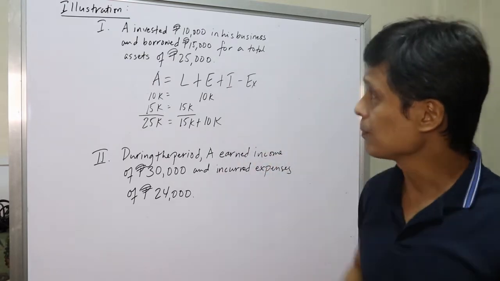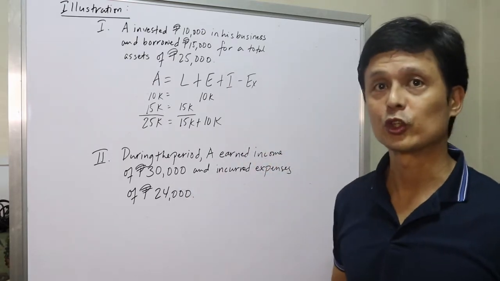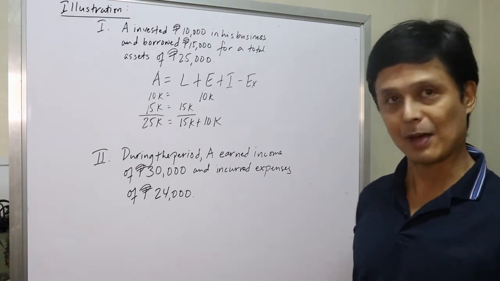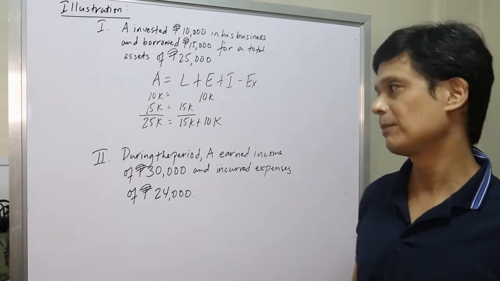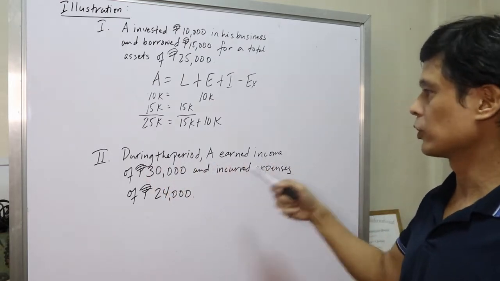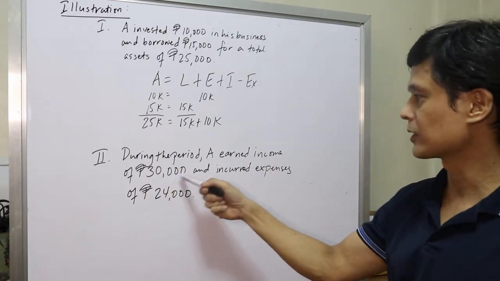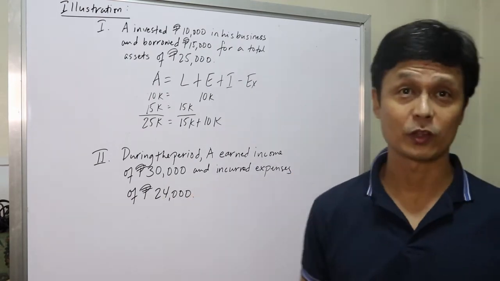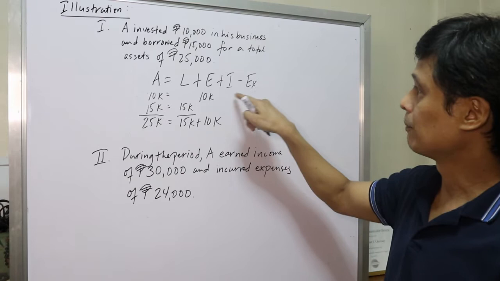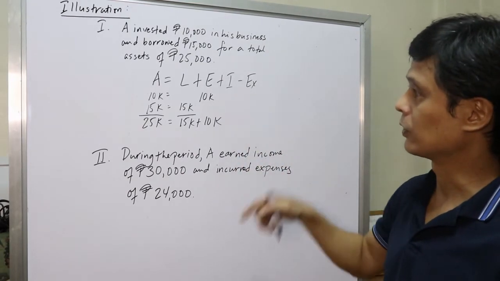Now, going back again to this illustration, medyo pahirapan natin ng konti, pero papadaliin pa rin natin, no? So during the period, A earned income of 30,000 and incurred expenses of 24,000. So eto na, dito na magagalaw itong dalawang to.